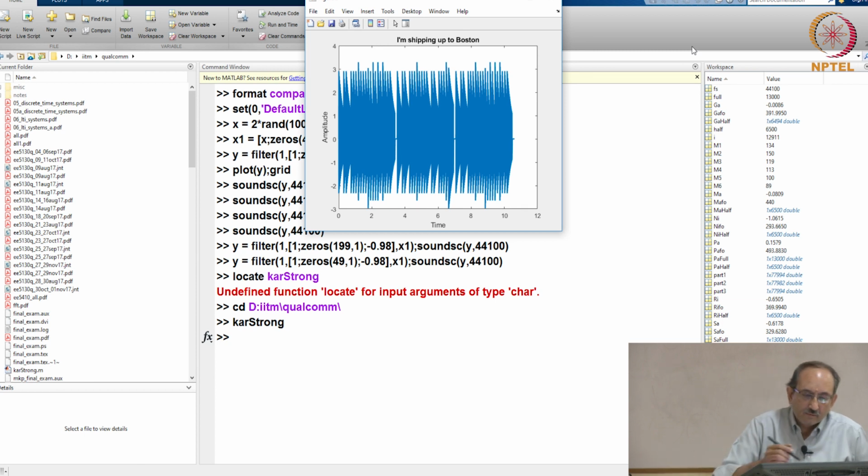Okay, so clearly this looks like a stringed instrument that's being played. So it kind of gives you an idea as to what you can do with such a simple-minded thing as a simple difference equation.